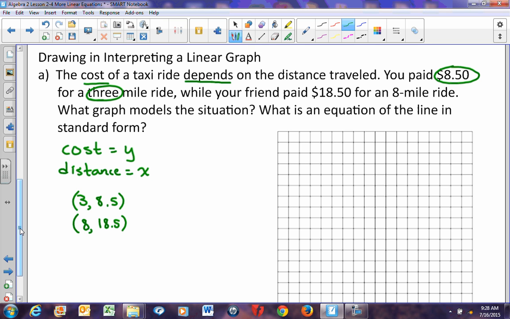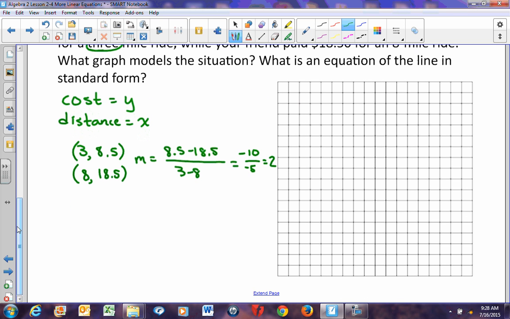The first thing I'm going to do is find my slope. In this case, 8.5 minus 18.5 divided by 3 minus 8, which is negative 10 over negative 5, which equals 2. So my slope is 2. If my slope is 2, I can use either one of these points. I'm going to use the smaller one because it's easier to use smaller numbers.